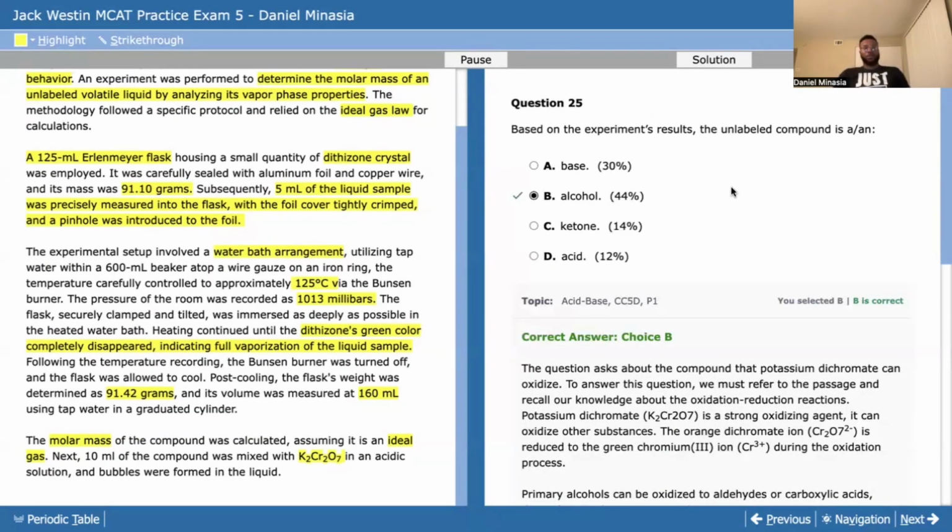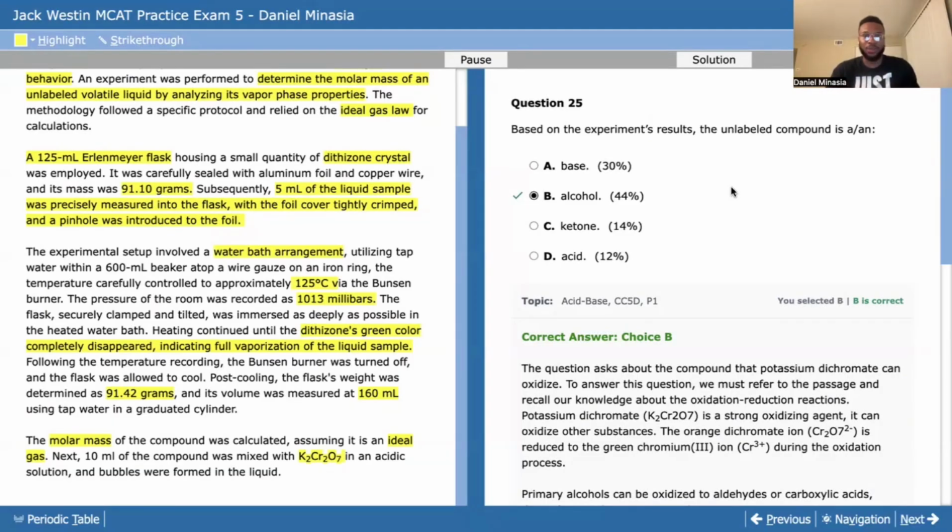And only 44% of people got this right. I wonder why. I think this is just one of those questions where you kind of just know the answer. There are questions that are inferable, where you have to think through it. And this is one of those, what is the powerhouse of the cell type of question. You just have to know it, right?